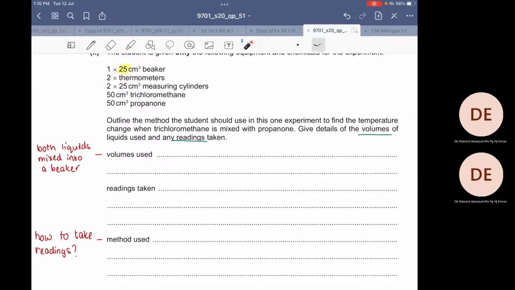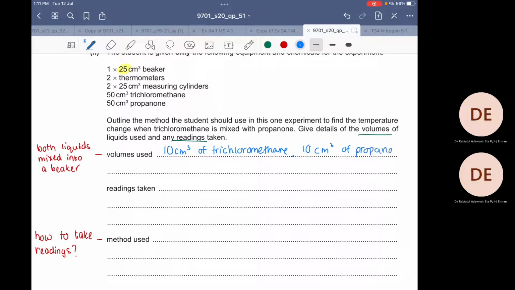Okay, so we can use 10 centimeter cube. So we can say we use equal volume, maybe 10 centimeter cube of trichloromethane, and also 10 centimeter cube of propanone.